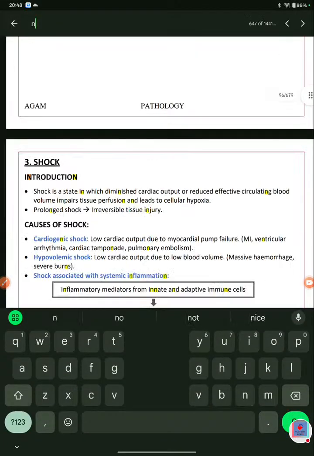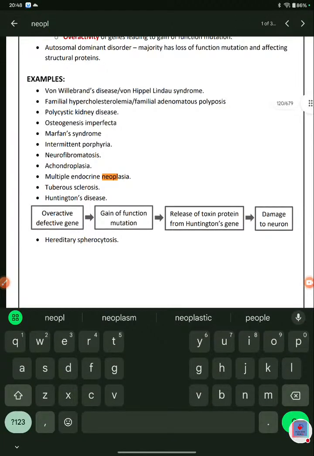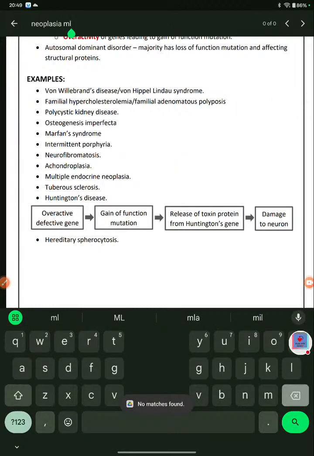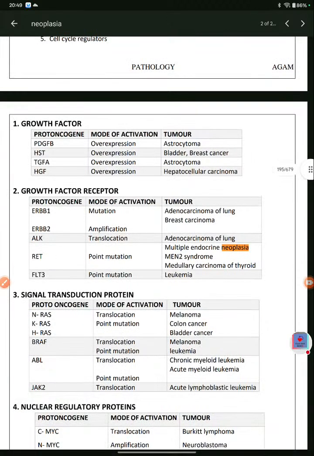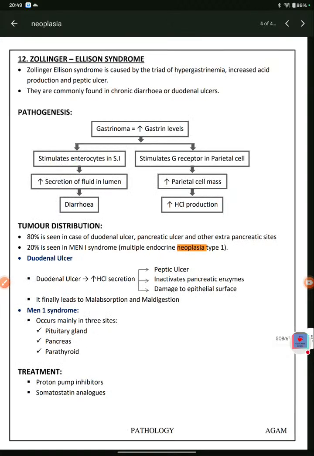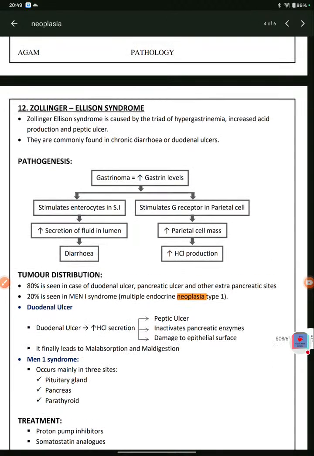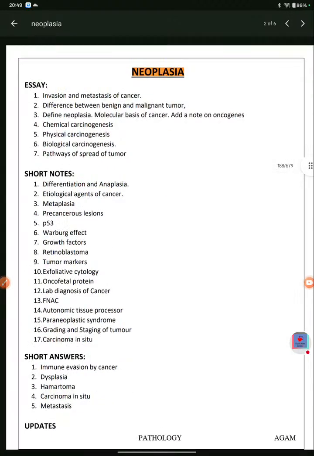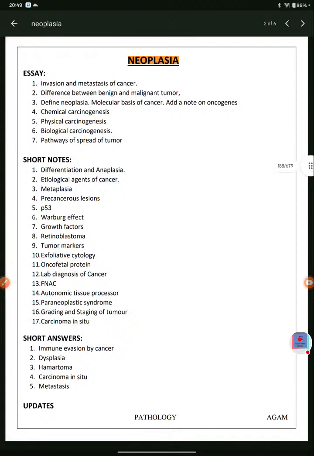let's search about neoplasia. So in neoplasia we have to talk about what?